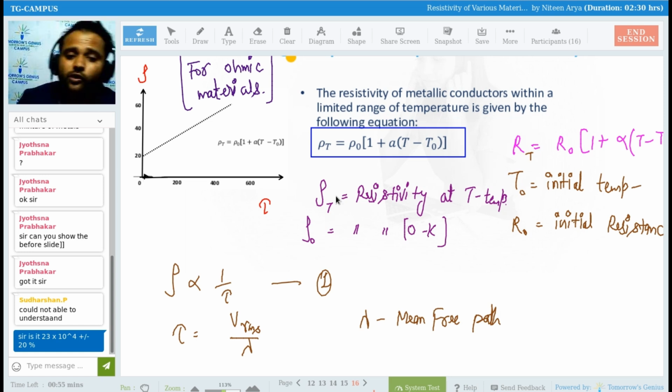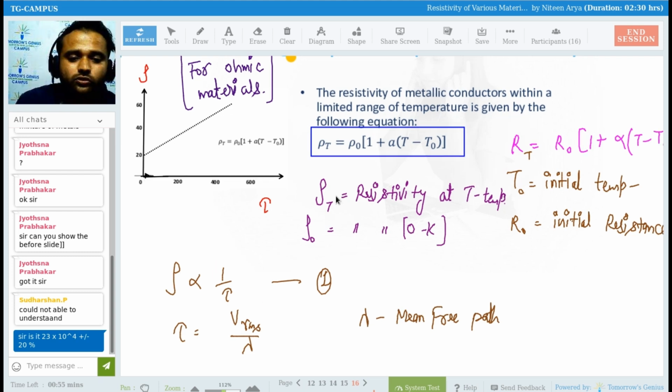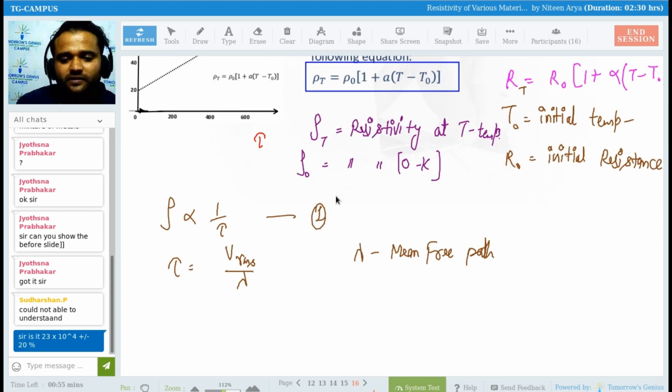In the same way, tau is the time duration between two successive collisions of ions or charged particles, or electrons in general. So this lambda or Vrms is dependent on temperature.